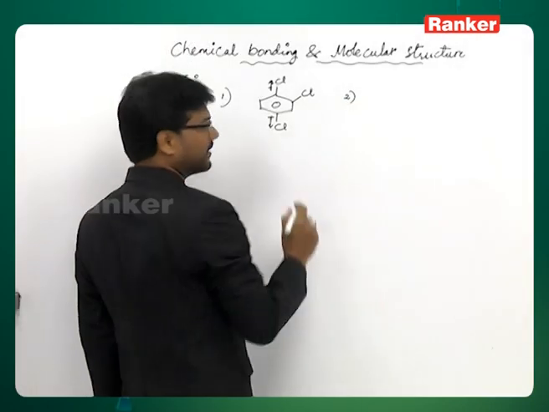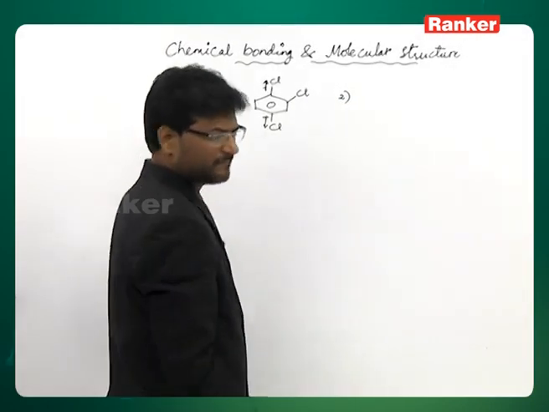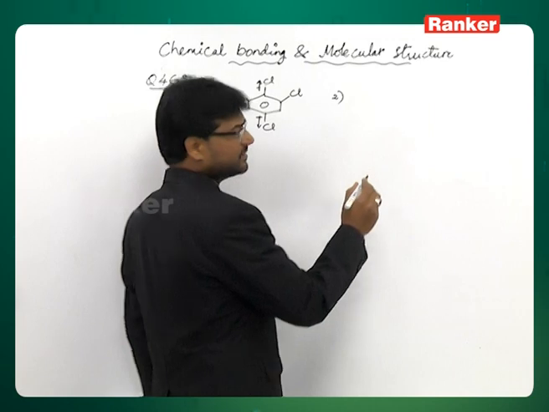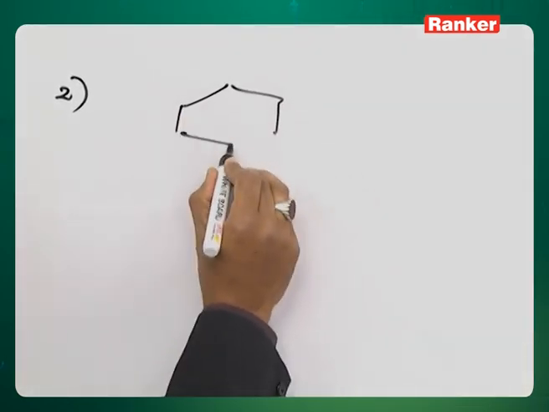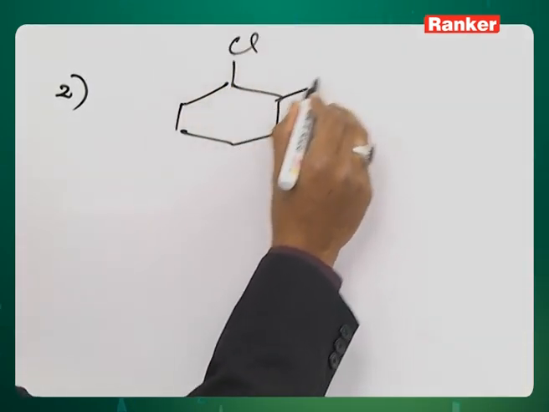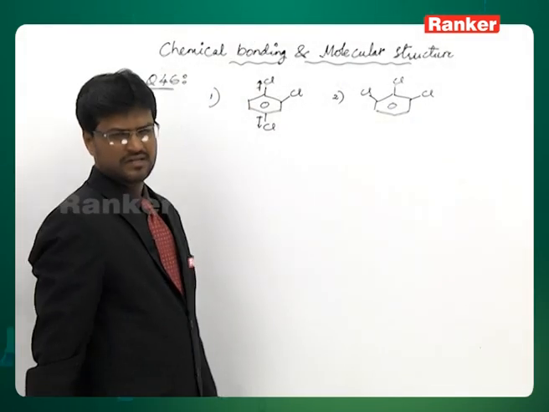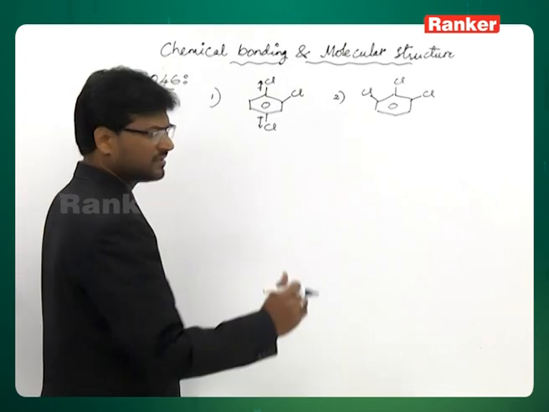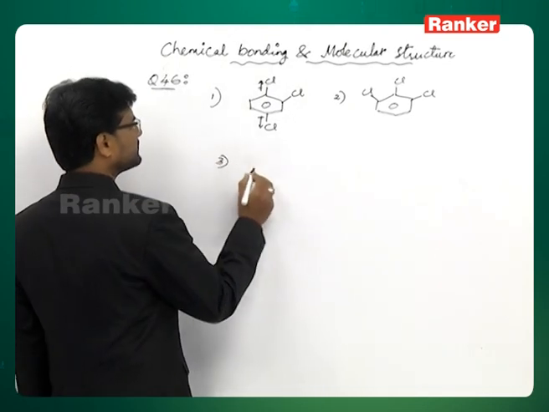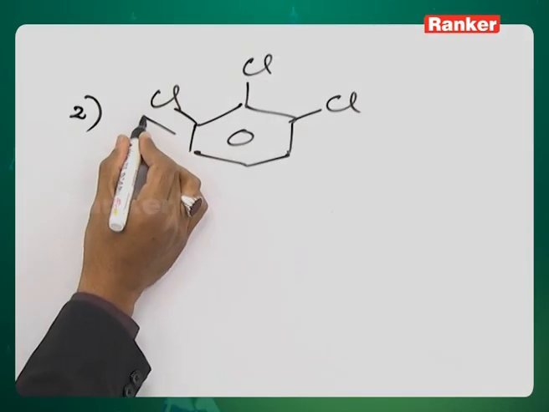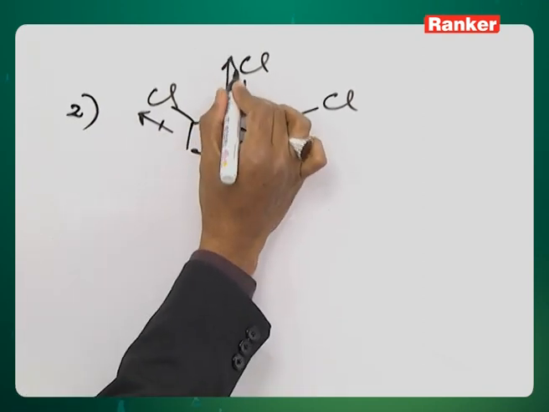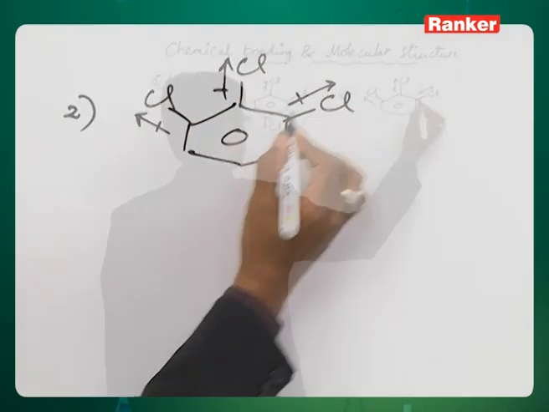Then look at the second option. Second option is this. Here there is no cancellation, and number 3, they cannot cancel each other. They are not at 180 degrees dihedral angle.